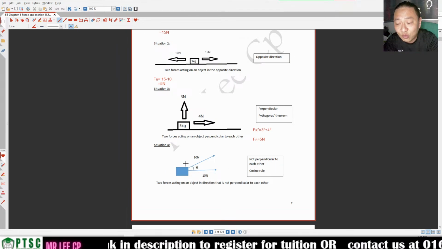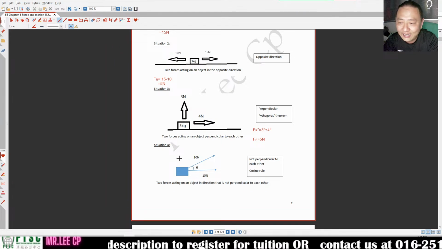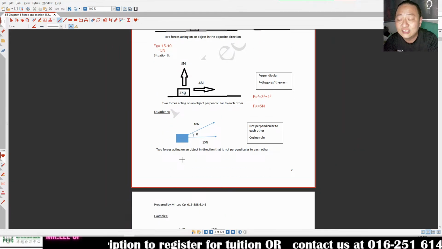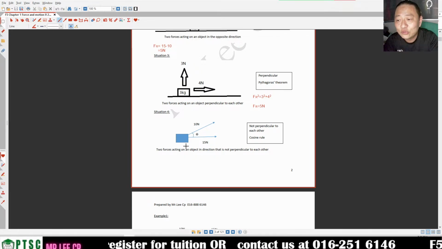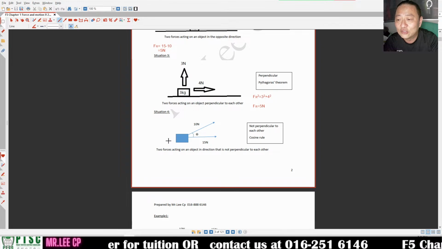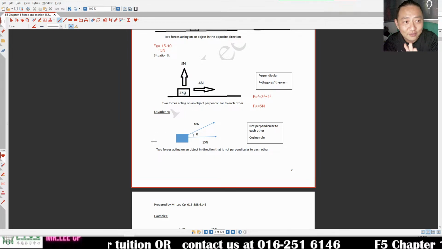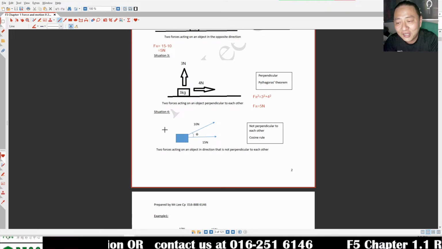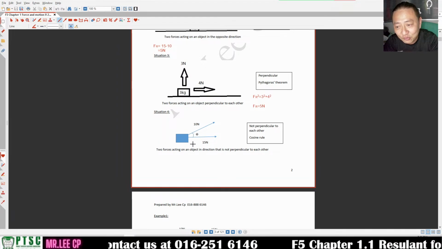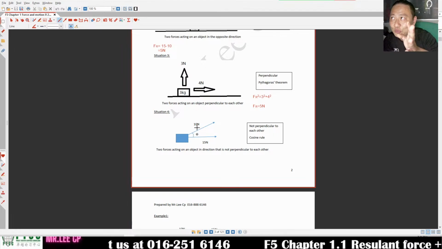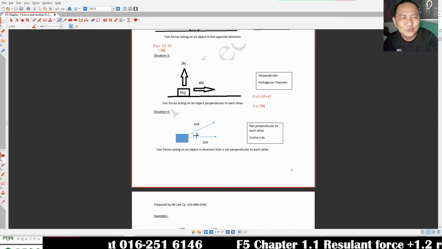It involves more directions, any other direction. So we are going to focus on this one. If we can finish this, then we go to 1.2. So today maybe we cannot do any quiz, because we cannot finish chapter 1.1. If I do it halfway, then you cannot do the quiz.